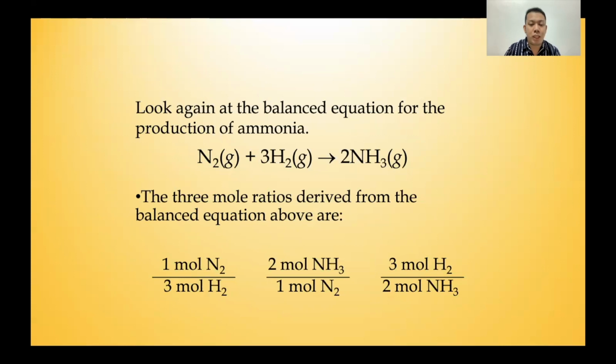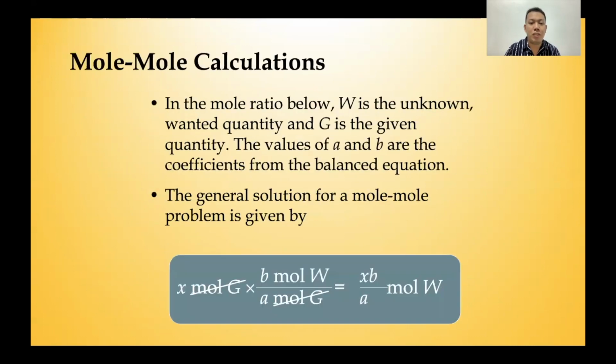In 2 moles of NH3, you'll get 1 mole of N2. In 3 moles of H2, you'll be able to get 2 moles of NH3. So that's the mole ratio. If you cannot write a correct and balanced chemical equation, how can you make a correct mole ratio? So let us proceed now to the first calculation, which is mole to mole.